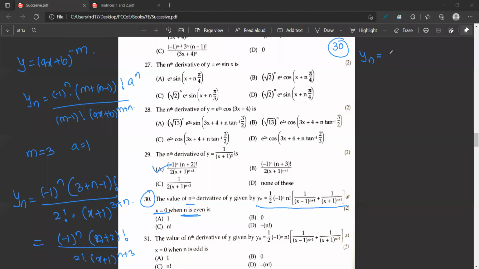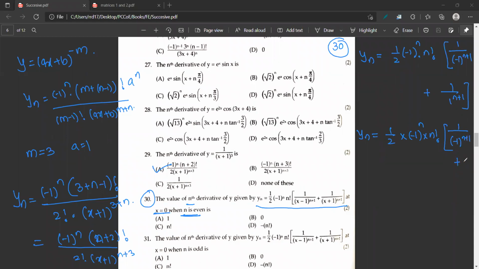If we put x is equal to 0, what we get? 1 by 2 (-1)^n into n factorial, divided by (1 upon (0 - 1)^(n+1)) plus 1 upon 1^(n+1). Are you getting this point? So yn is equal to 1 by 2 into (-1)^n into n factorial in bracket 1 upon (-1)^(n+1).